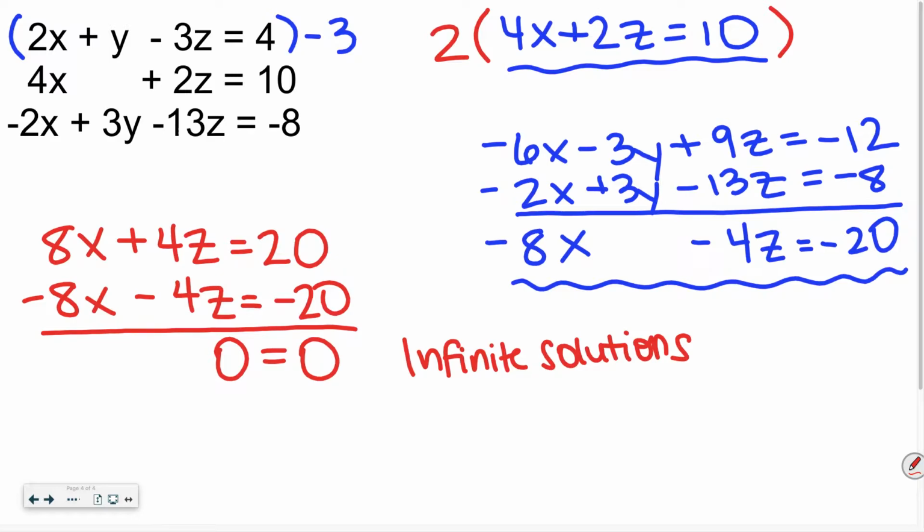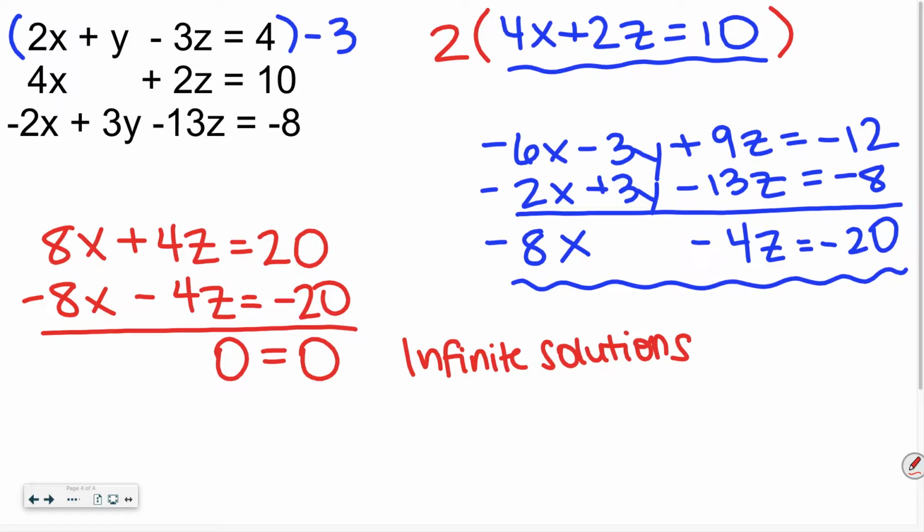Do you see how only by multiplying by a number we got those to be the same? They're called scalar multiples of each other. If we look at these 3 equations up here, that does not happen. We can't multiply by a number and everything goes away. That would be the case if we had 3 parallel planes.